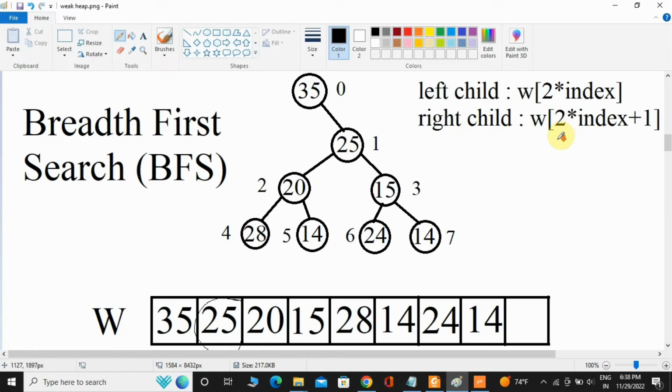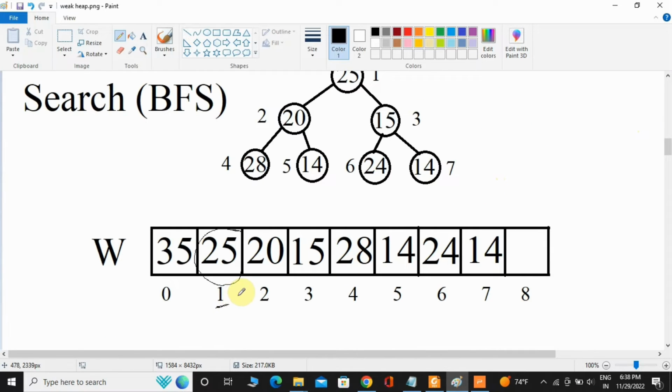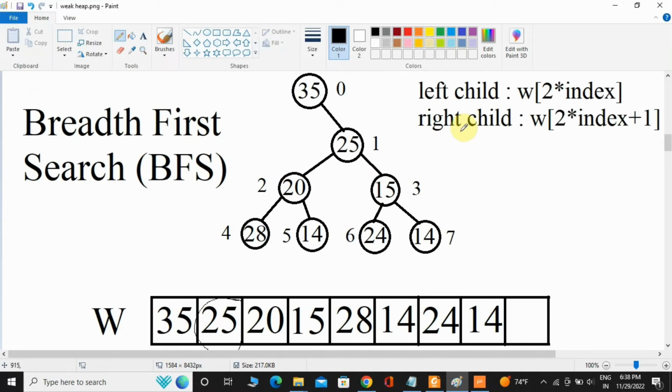The right child is 2 times index plus 1, so 2 times 1 is 2 plus 1, that's 3, so this is the right child. So here we can see the left child is 20 and the right child is 15.